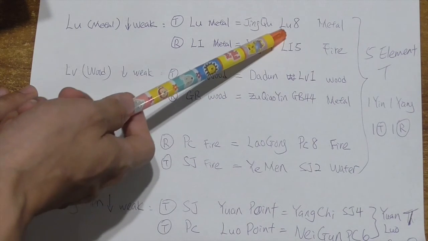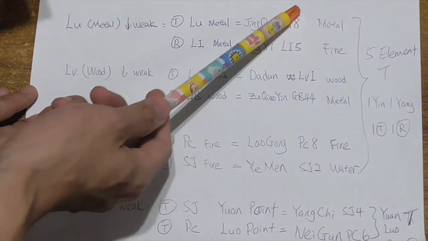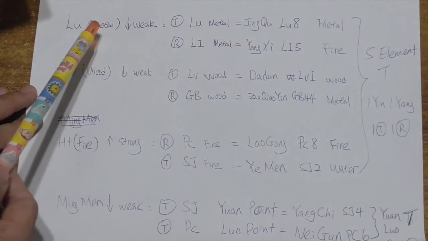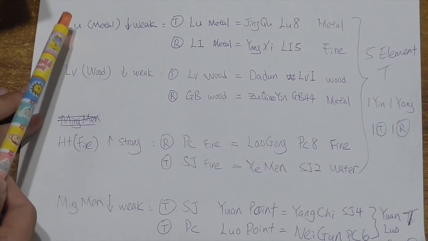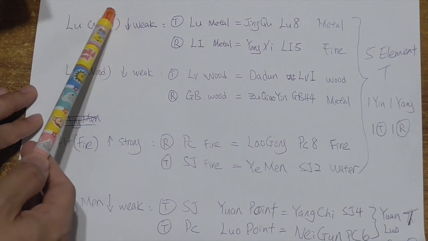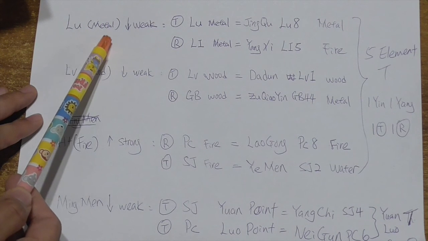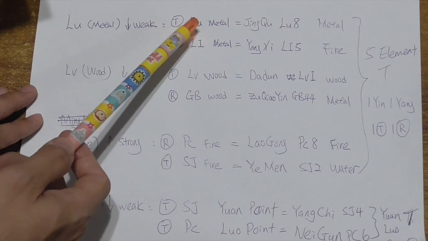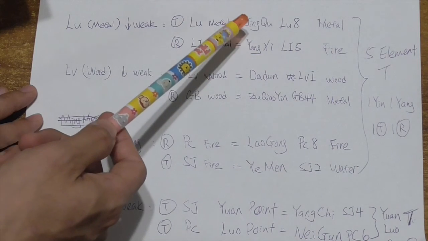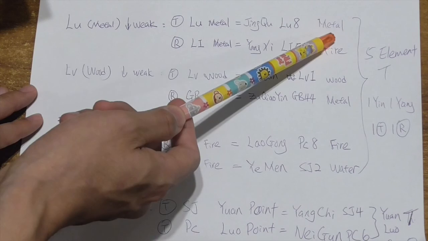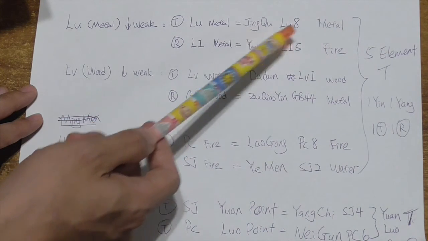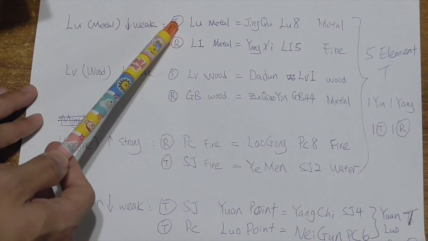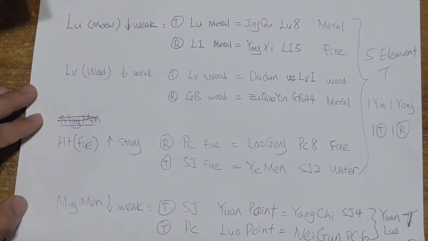Jing Qi, which is lung 8, is metal, of the 5 elements. So the lung organ is metal. When metal is weak, we're going to tonify the lung meridian and the point which belongs to metal as well, lung 8. Jing Qi belongs to metal. So when the metal is weak, we want to tonify, to increase the metal.